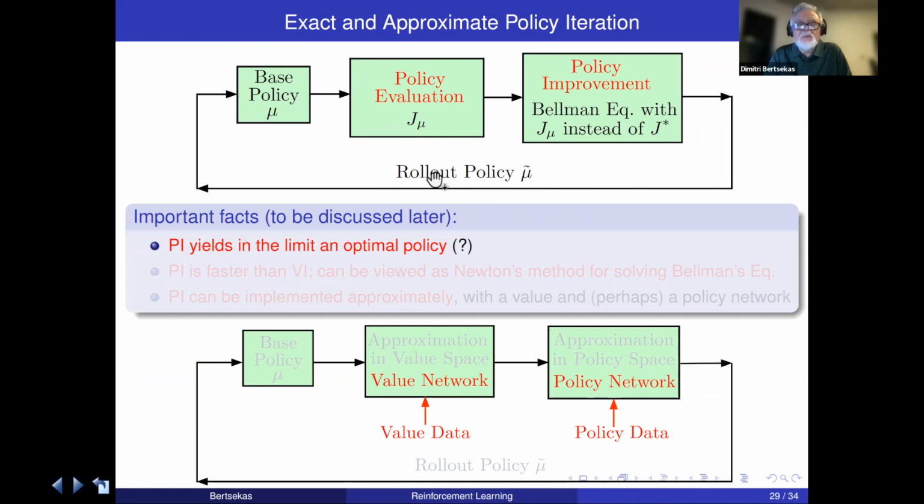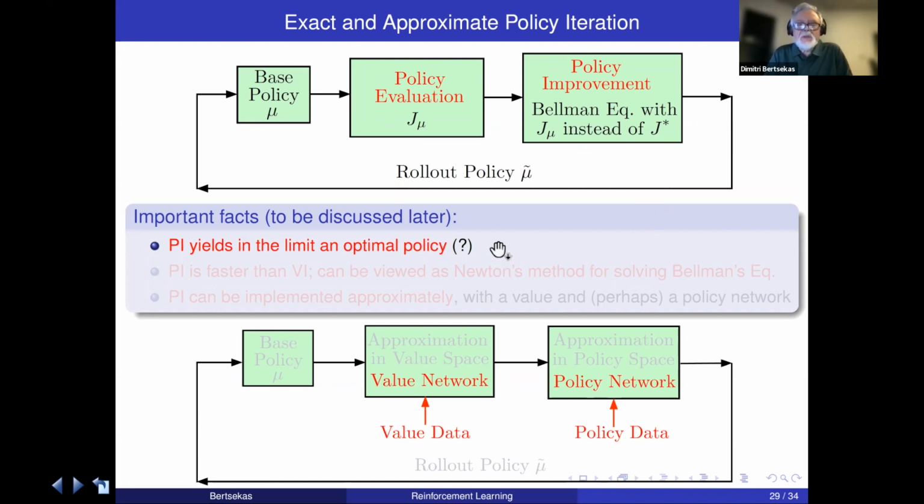And then it replaces the base policy with the rollout policy and does this loop again and again and again. That's policy iteration. And the two steps that you have to do at each iteration are policy evaluation to obtain the cost function of the base policy, and policy improvement, which involves, okay, the Bellman equation minimization with J mu in place of J star, the formulas I gave in the previous slide.